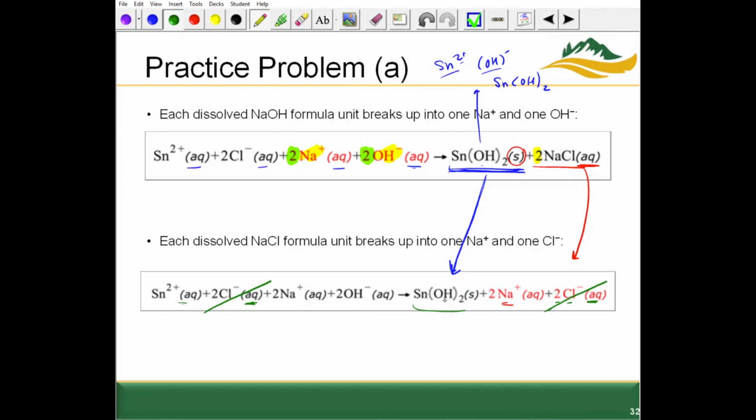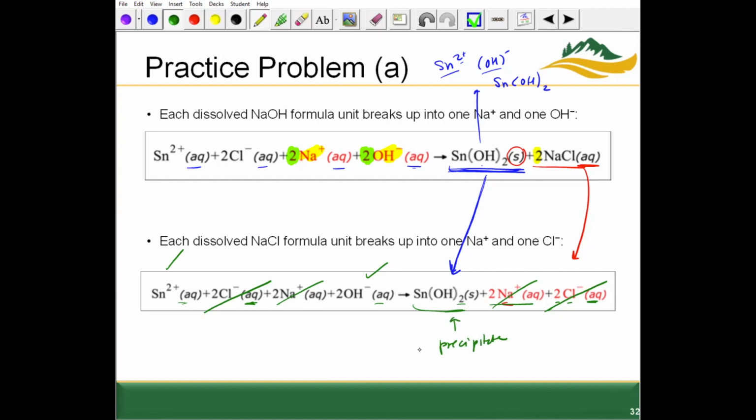These are not the same forms of tin, so we keep tin in our net ionic equation. 2Na+ aqueous, that shows up here. 2Na+ aqueous, that shows up in its exact same form on the product side. 2OH- aqueous, do we see that in its aqueous form on the product side? No, we see it in its solid precipitate, so we keep this as well for our net ionic equation.